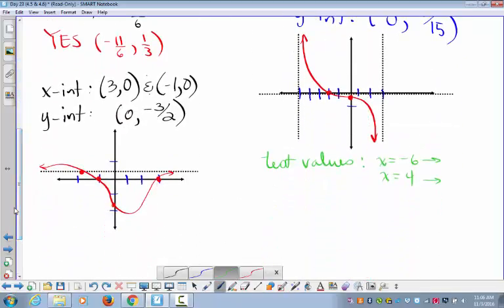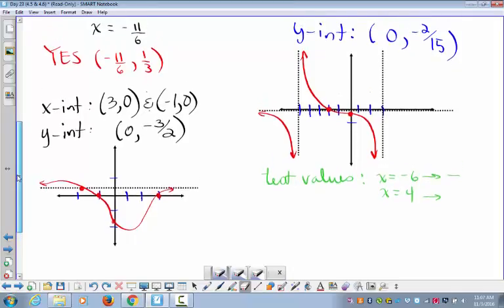So that tells us the function is negative when we move out at x equals -6. So that means that our arc is down below. So we must be down here, because that test value gives a negative. So that's what this thing here is. That's a negative sign right there.